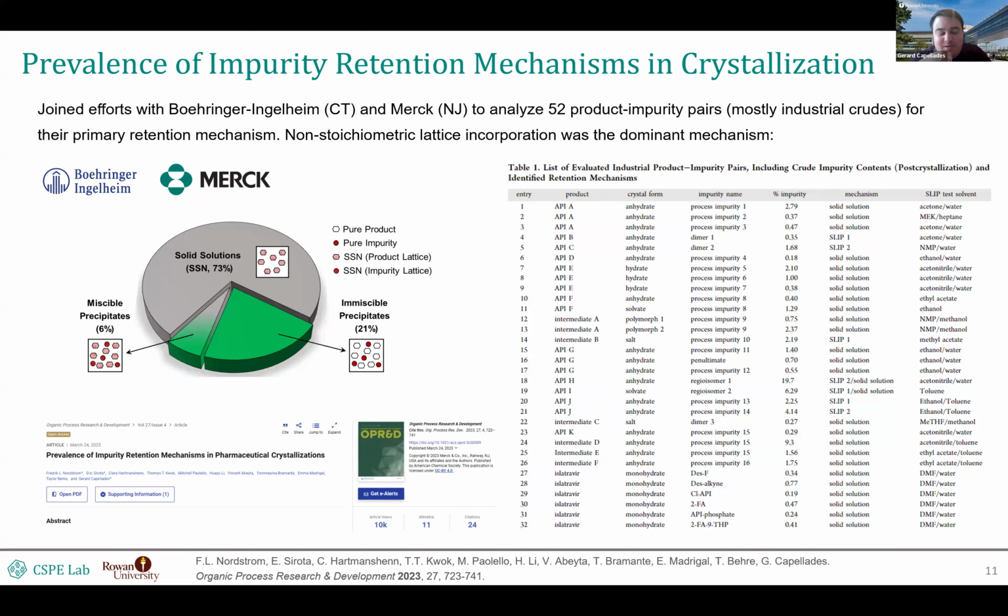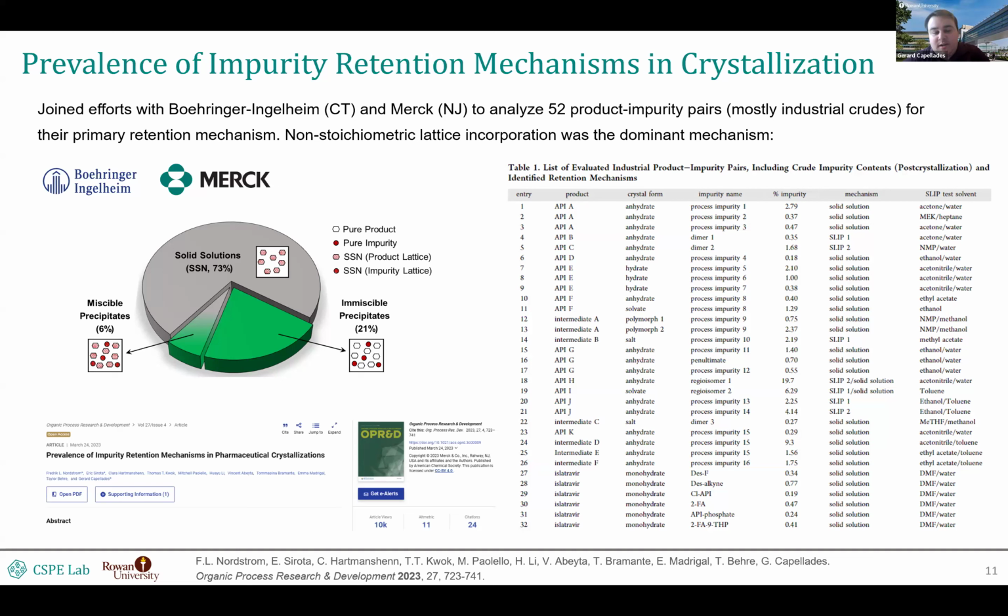There could be competition between impurities. He showed for one of the BI compounds that there's an impurity and a solvent, and they're both competing. If you incorporate more solvent, you get less impurity, and if you incorporate more impurity, you get less solvent in the lattice.